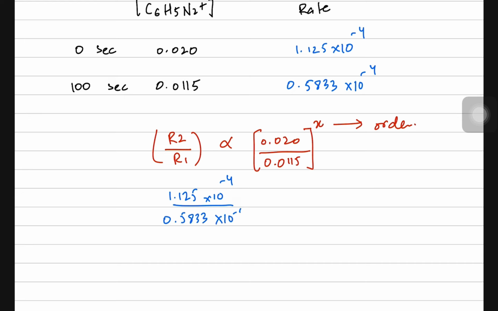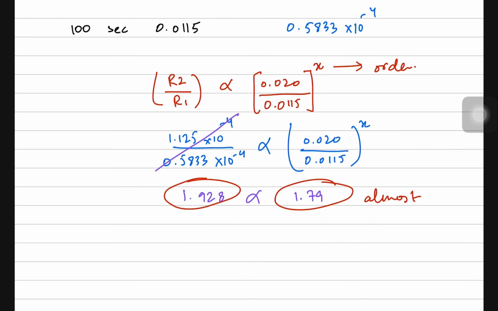Let me put these values. For concentration, I have 0.02 over 0.0115 raised to the exponent x, which is the order. By solving it, I get to know that my ratio of rates is almost similar to my ratio of concentrations. This shows me that the order is almost 1.